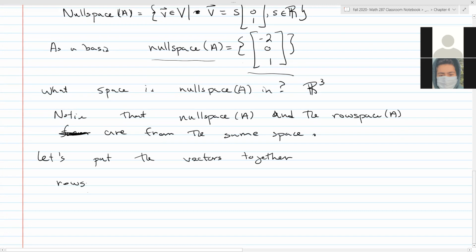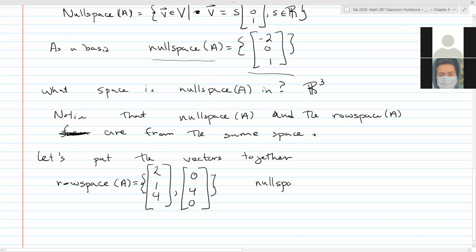The row space of A was equal to (2, 1, 4), (0, 4, 0), and the null space of A equal to (-2, 0, 1).